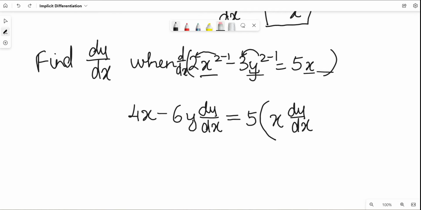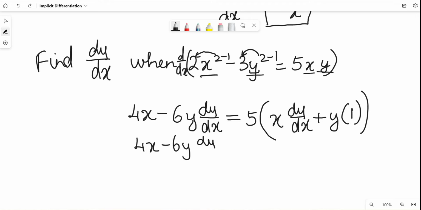And then we have plus y times dx by dx, which is just 1. And so now the full equation would be 4x minus 6y dy by dx equals 5x dy by dx plus y.